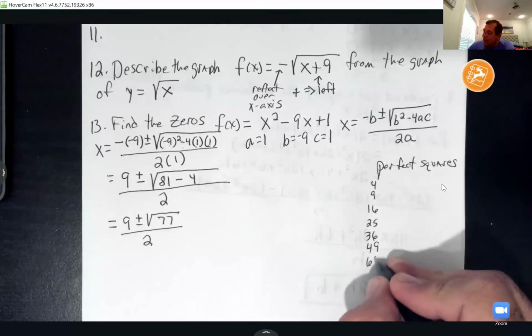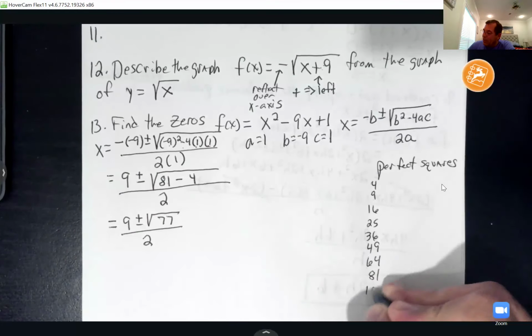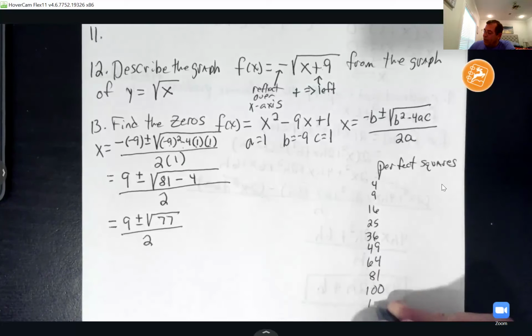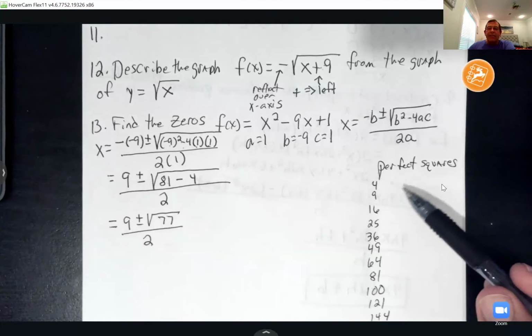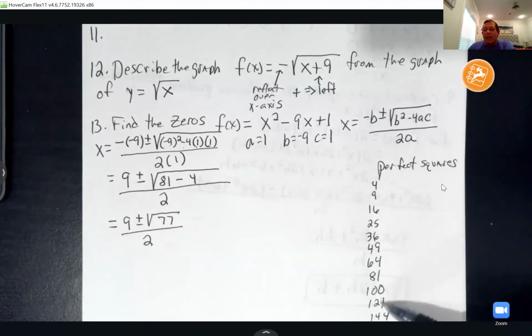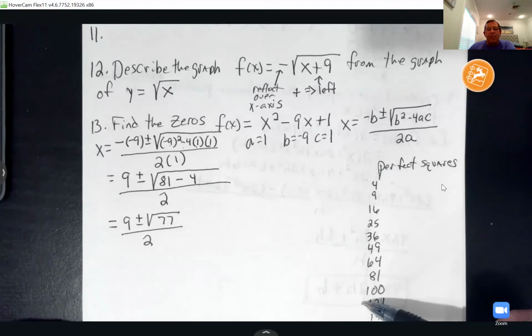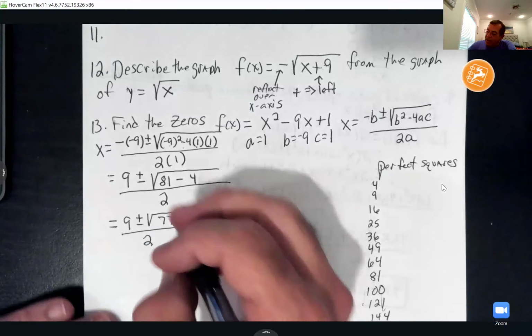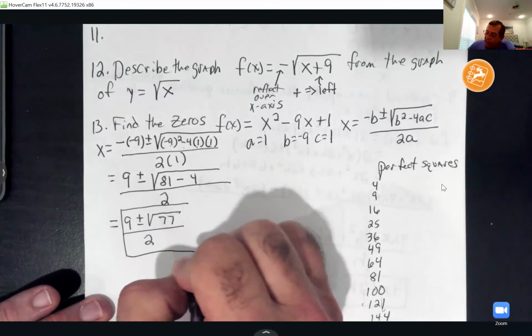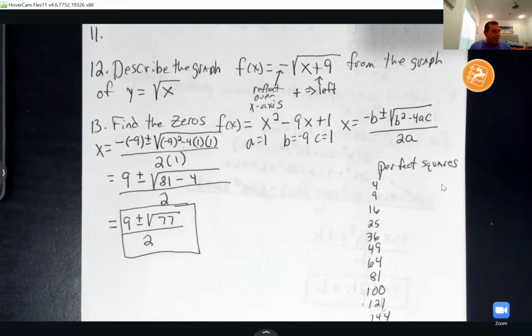Oh, what's left? 64, 81, 100, 121, 144. Well, that 77 is not going to divide by none of these perfect squares. So since it won't divide by none of the perfect squares and simplify, this is my final answer.